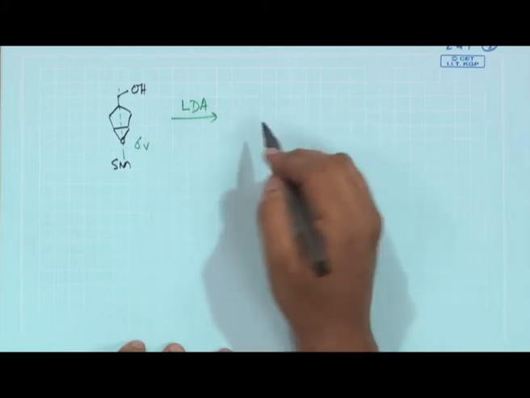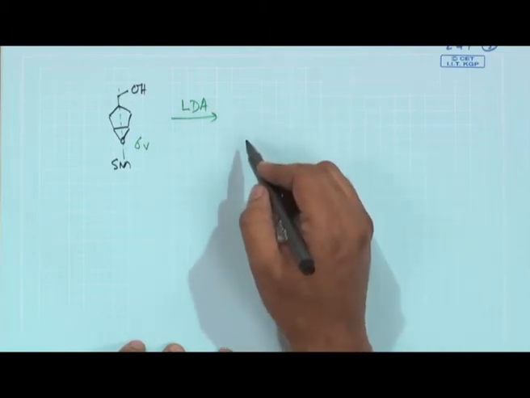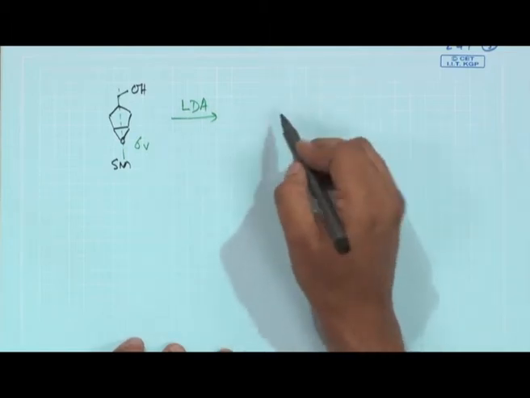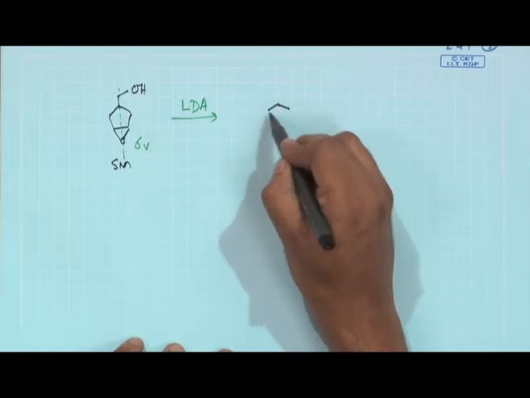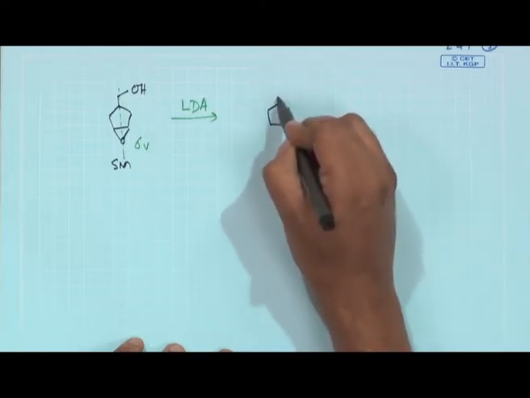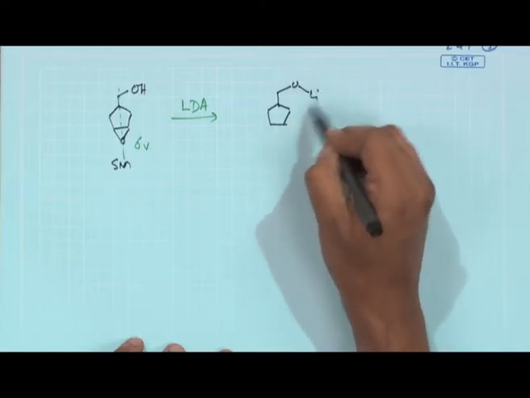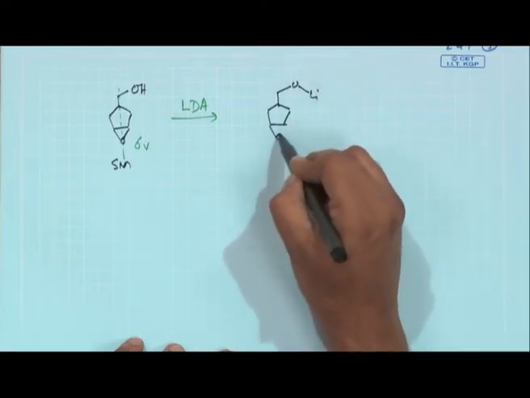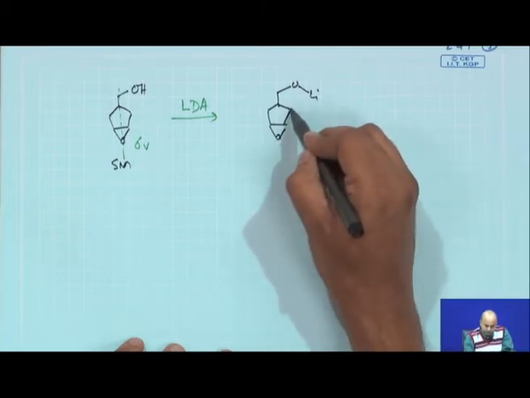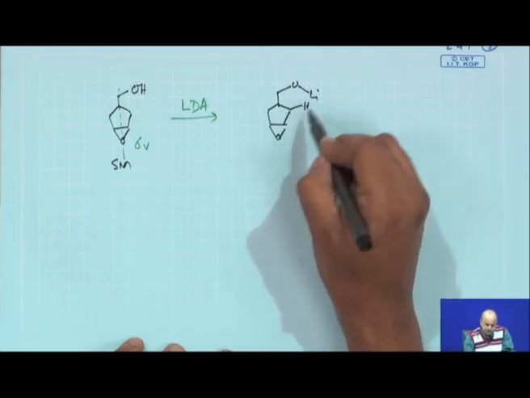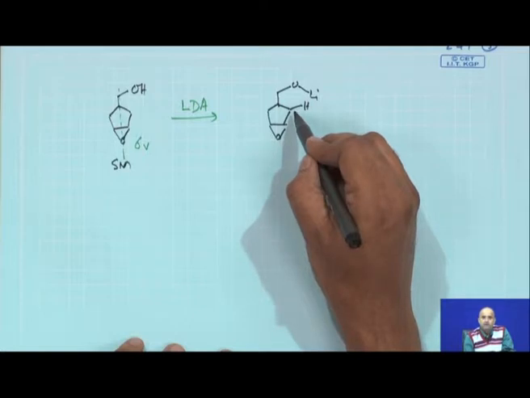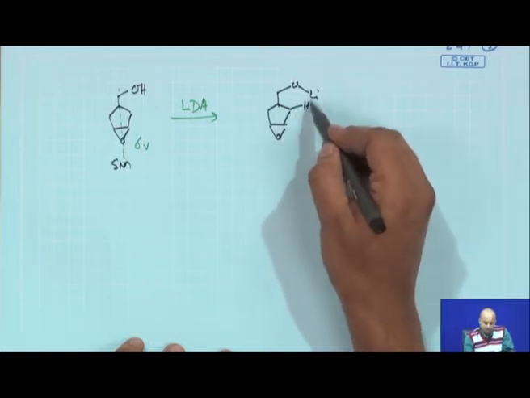Now, LDA in principle is a very strong base, but it is a non-nucleophilic base. Now, if this compound was treated with LDA, it has been found that this oxygen Li, which is coming from this LDA, also picks up this carbon as it is in close proximity.